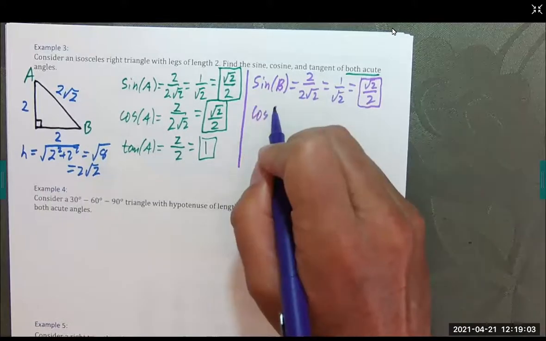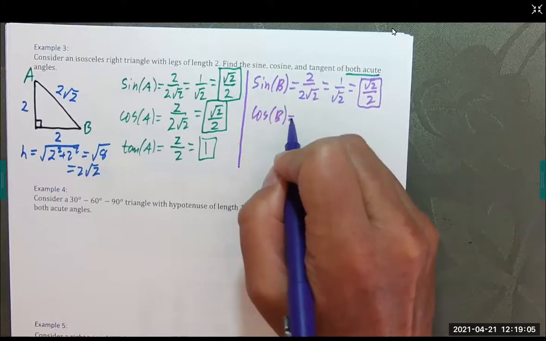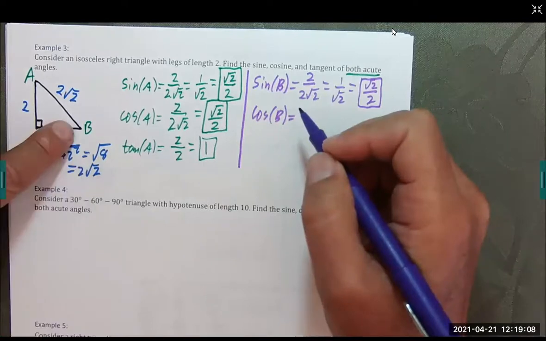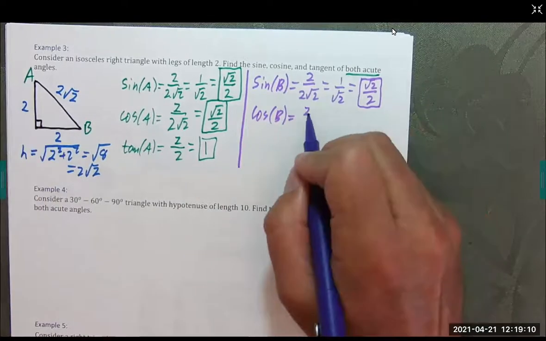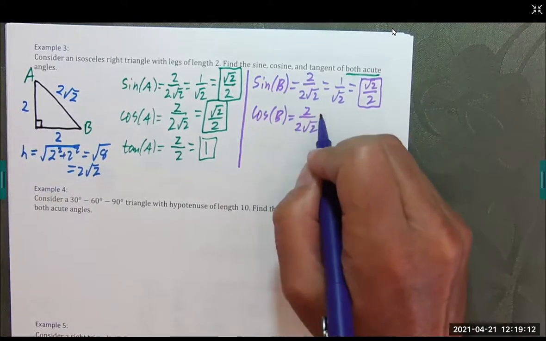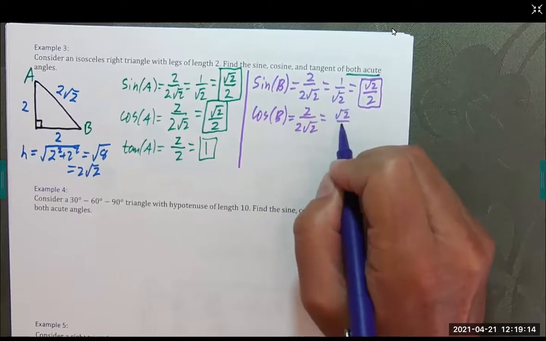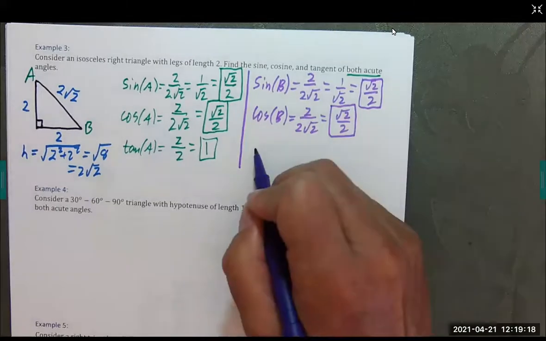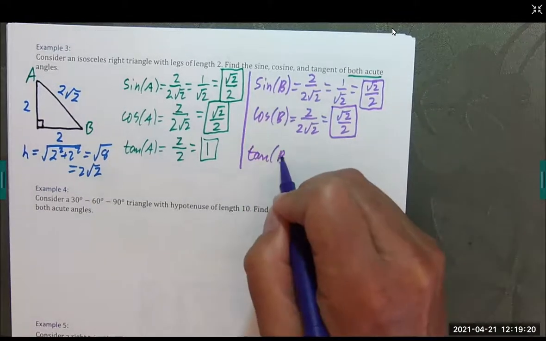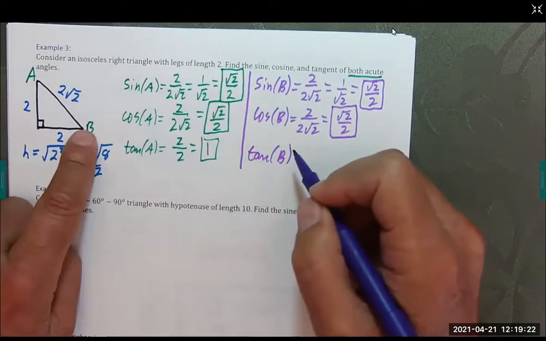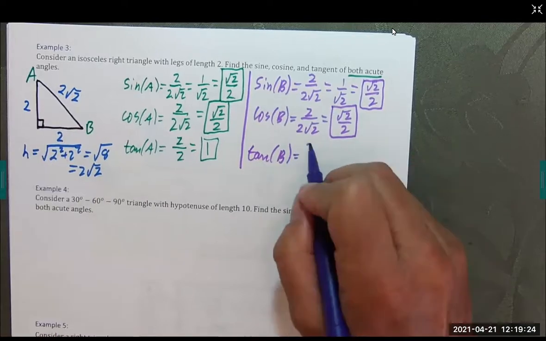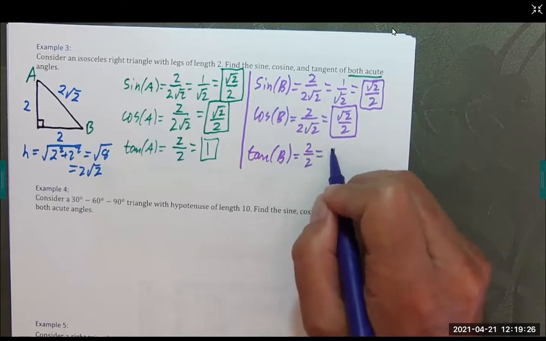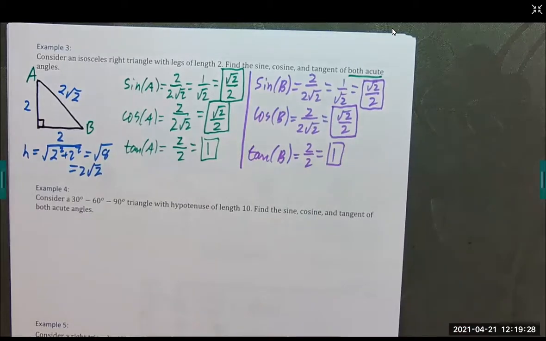Cosine of angle B is the adjacent over the hypotenuse. The tangent of angle B is the opposite over the adjacent. There we are.